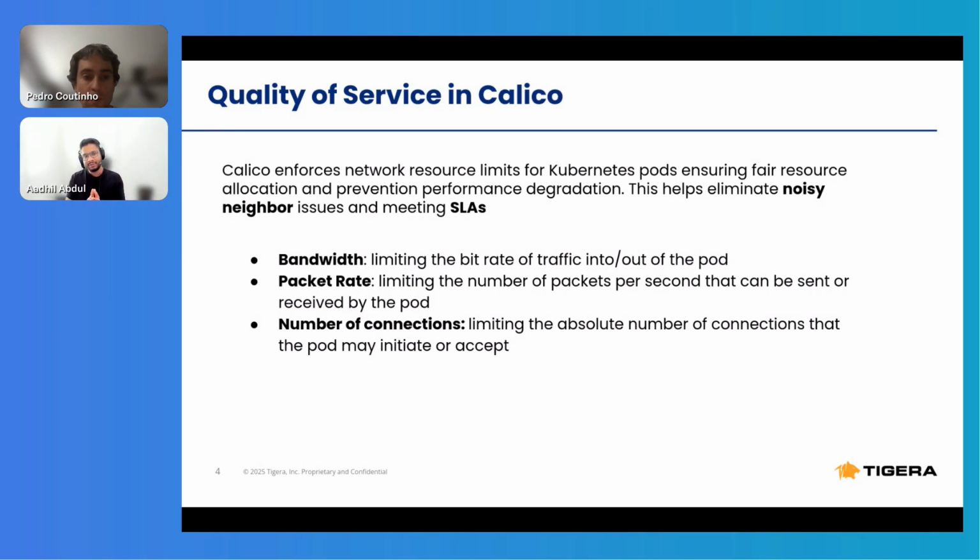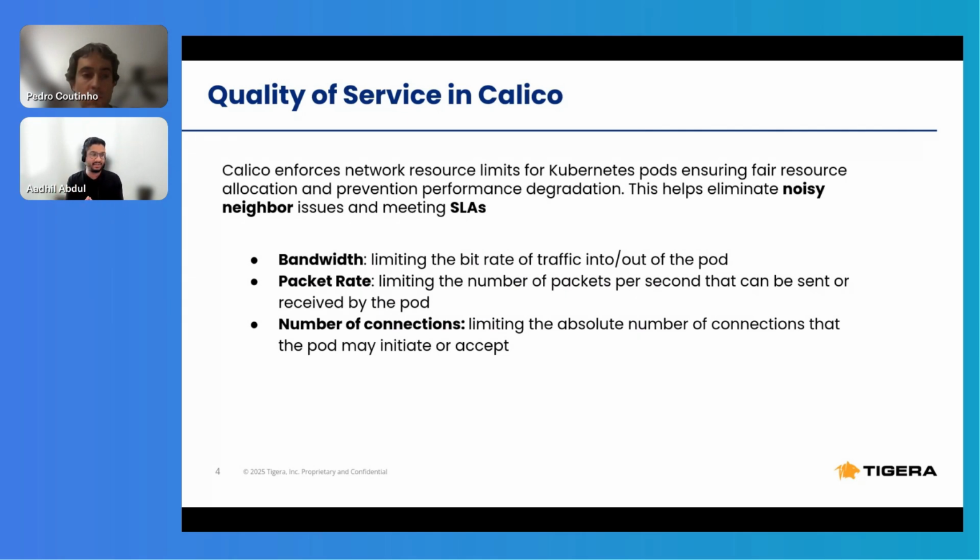Okay. So for quality of service, Calico supports 3 controls today: bandwidth, packet rate limit, and number of connections. So bandwidth is the bit rate in and out of a given workload in a Kubernetes cluster. You can specify that in both directions. Packet rate limit, which is different from bandwidth, are the number of packets that can be sent or received by a pod. So for example, if you look at an attack such as a DDoS attack, you see a large number of malformed packets, right?